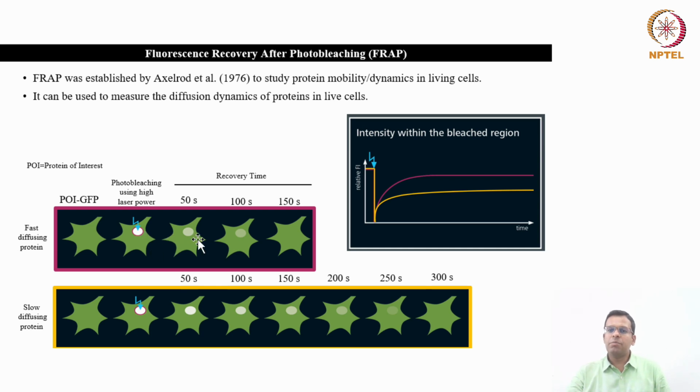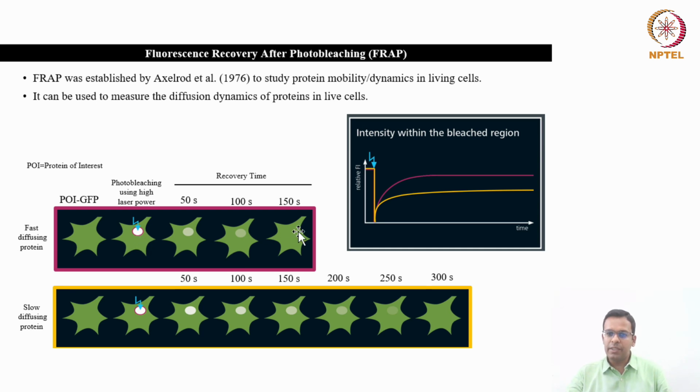So those 80% molecules will recover faster. But the 20% molecules which are already there and bound to certain things, they lost the fluorescence, but that doesn't mean that the protein has gone from that area. The protein is still bound to the same place. The only thing is, because of the high laser power, it lost its fluorescence, and that's why you can see the complete photo-bleaching.